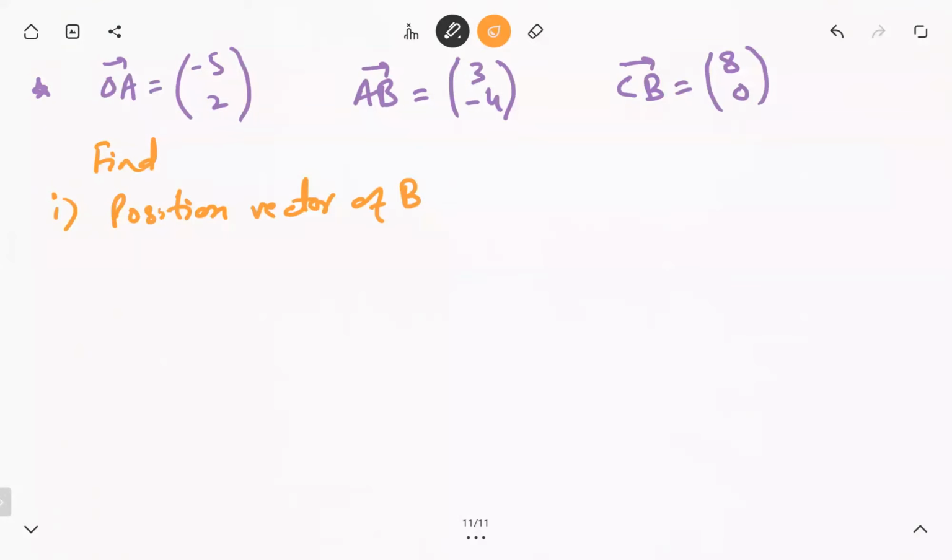Muaz Khan. What do we have to find here? Which vector? O or B. Yes, position vector of B means we have to find the vector OB.